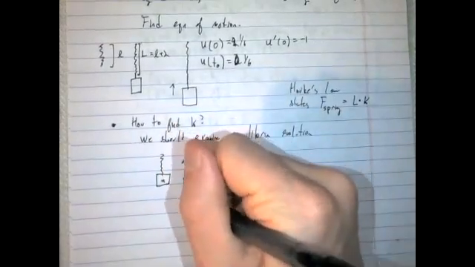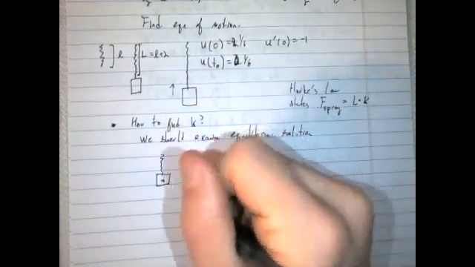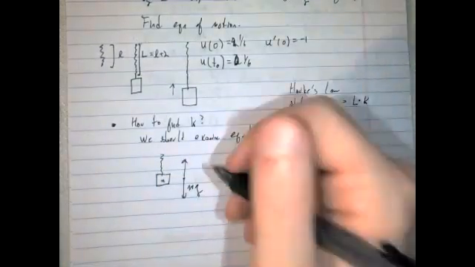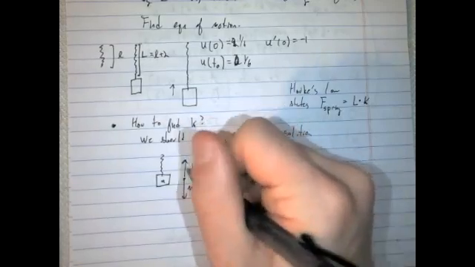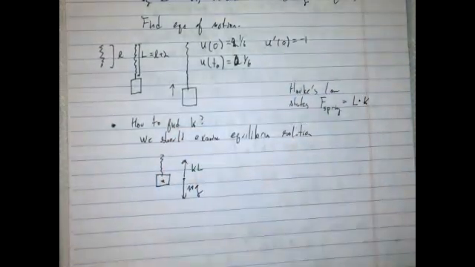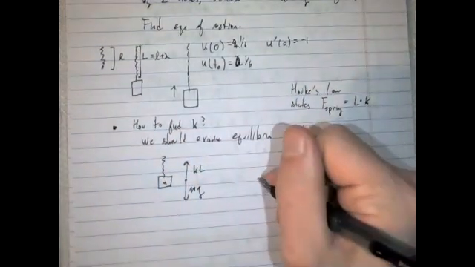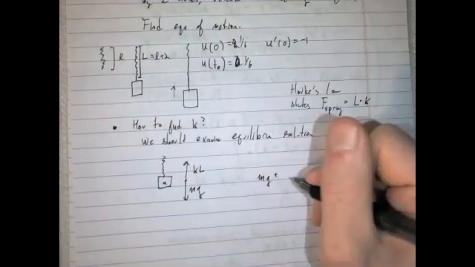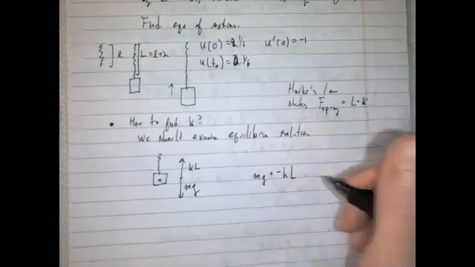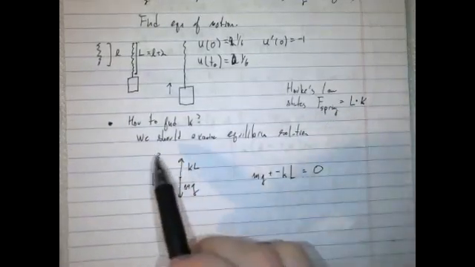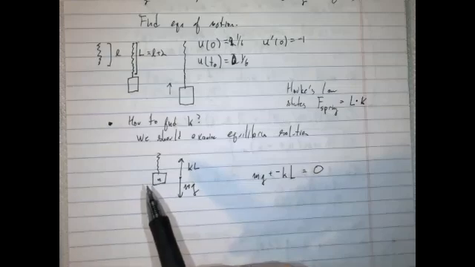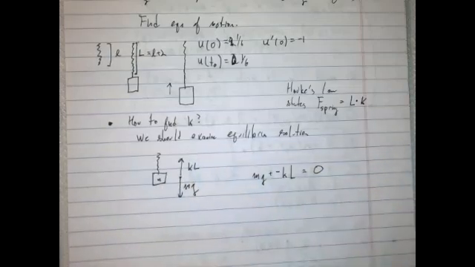We've got mg, the force of gravity pulling us down, and we've got kl, the force of the spring pulling us back up, and we know that mg plus negative kl is going to be equal to 0, because since this thing is at rest, it has no velocity, so no acceleration.